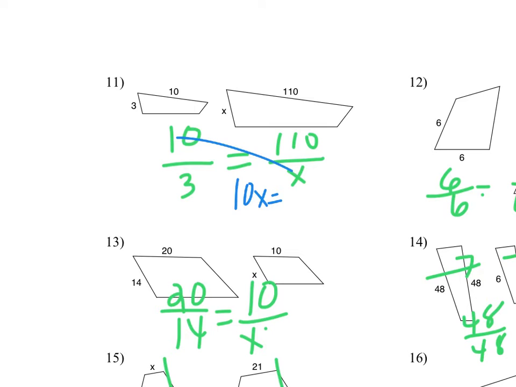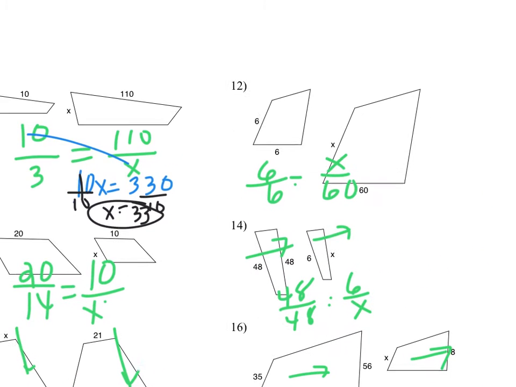10x equals 330. Divide by 10, divide by 10, x equals 33. And you go on from there.